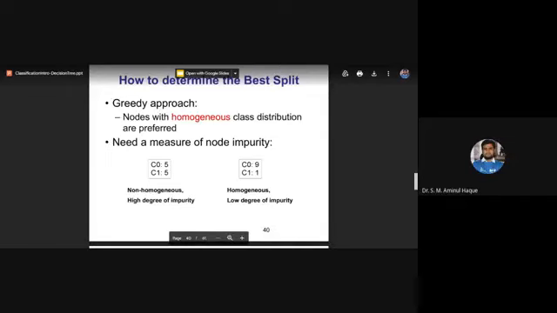But if it is not like that, for example, one class got 9 data points and another class got only 1 data point, then we refer to the data set as a homogeneous data set. Sir, if it's 6 versus 5, should it be homogeneous or heterogeneous?